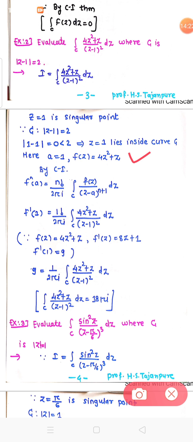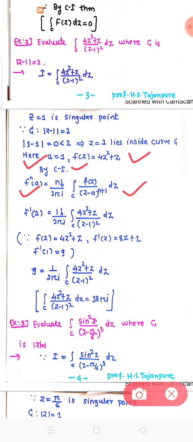And once you get a and f of z, then by Cauchy's integral formula, f raised to n of a equals n factorial upon 2 pi i integration over the curve C of f of z upon z minus a bracket raised to n plus 1 dz.